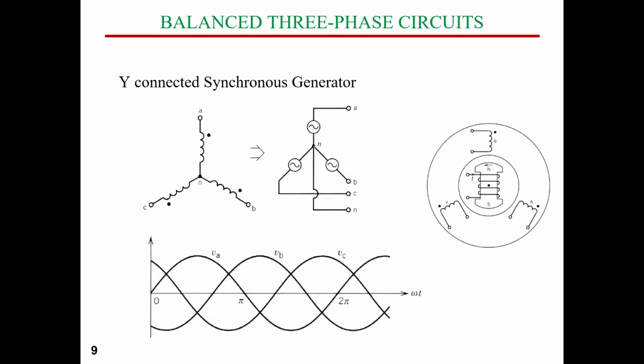But here in this diagram, the neutral point is connected. So the exact translation is going to be like that. Okay, so this is a four wire system.